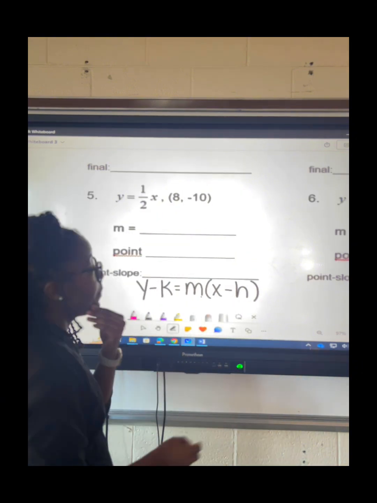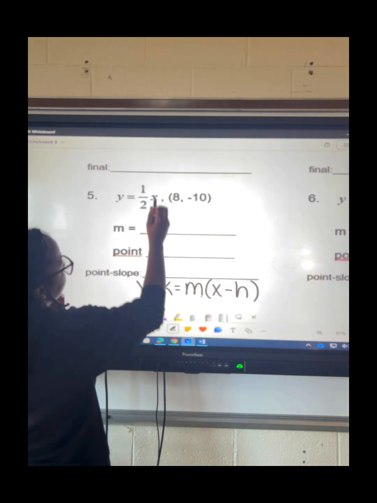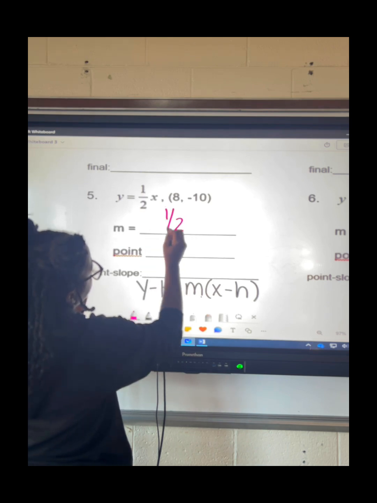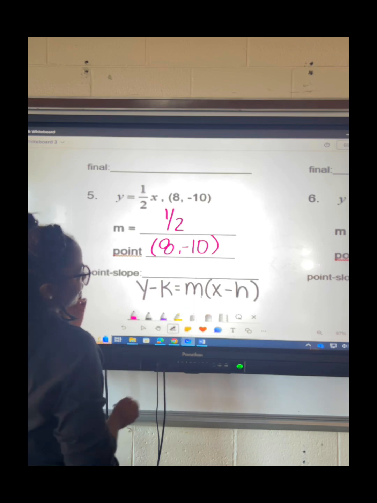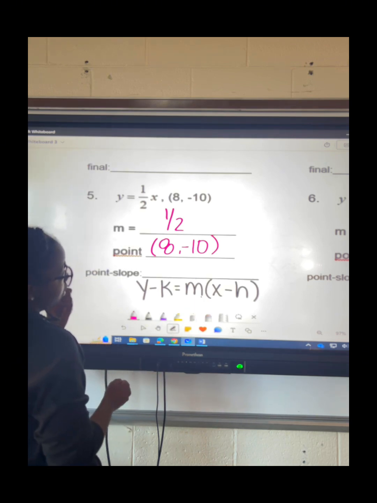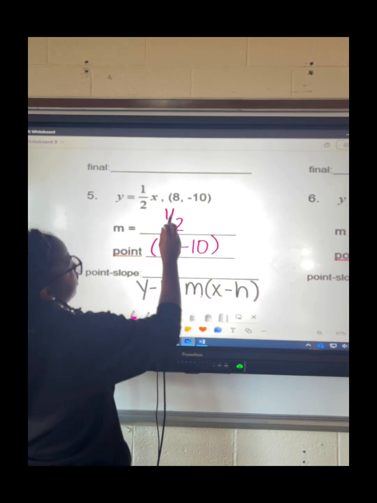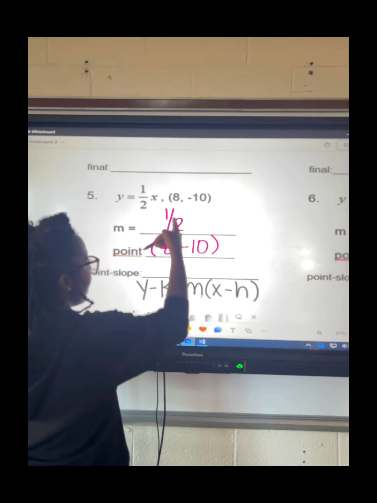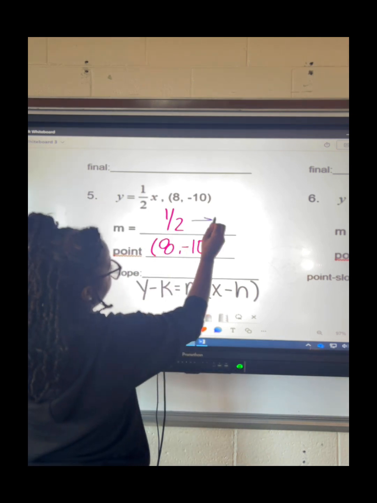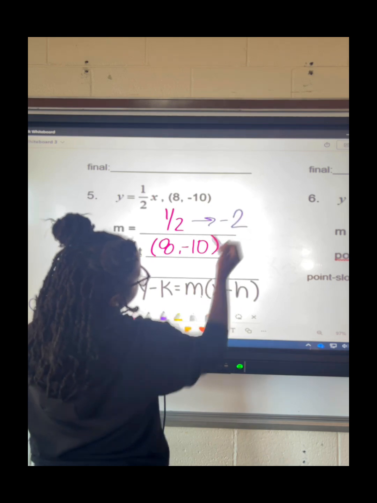We're still talking about perpendicular now. So my slope is 1/2. My point is 8, -10. Now remember, if it helps, let me write it right here. My perpendicular lines have opposite reciprocal slopes. The opposite reciprocal of 1/2 is -2.